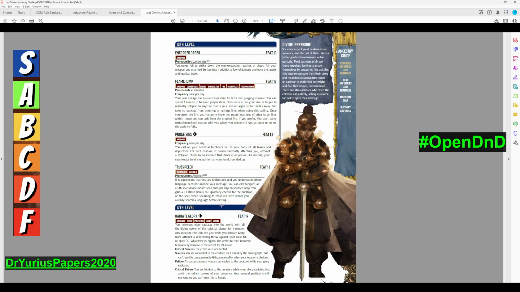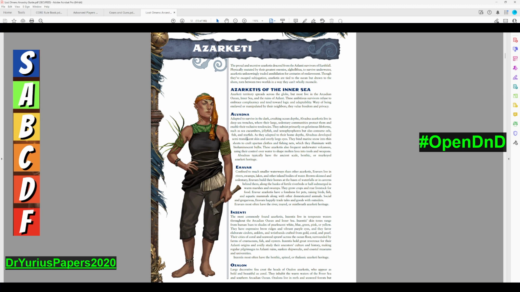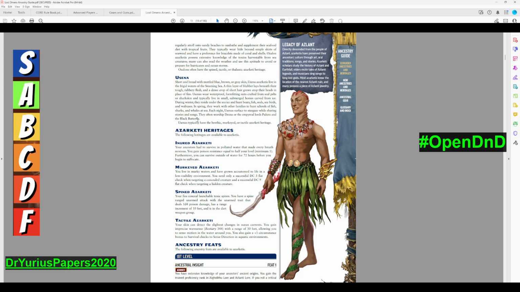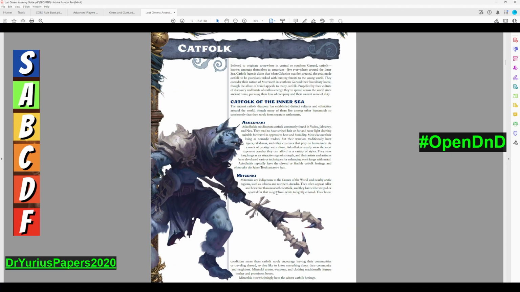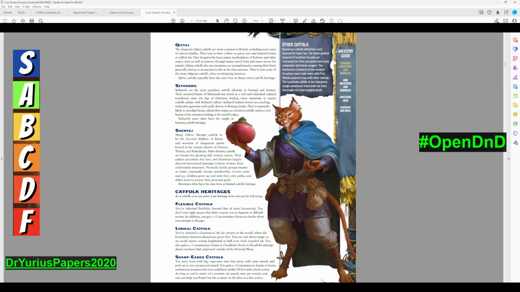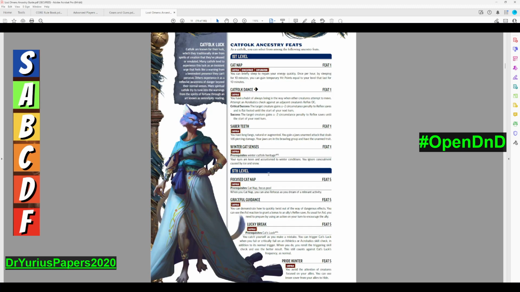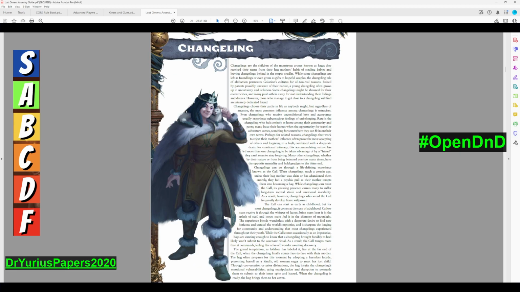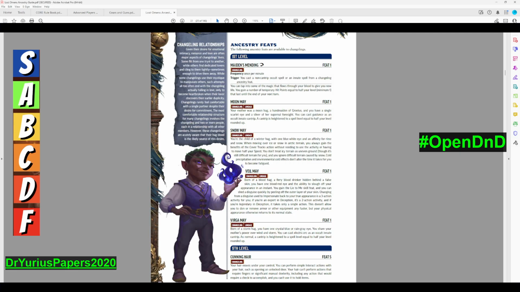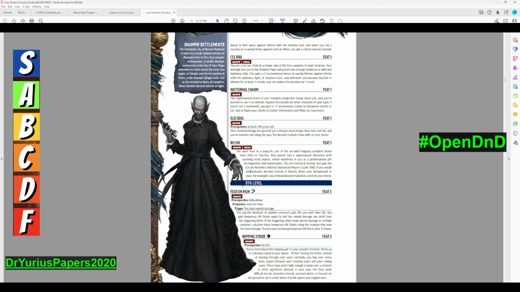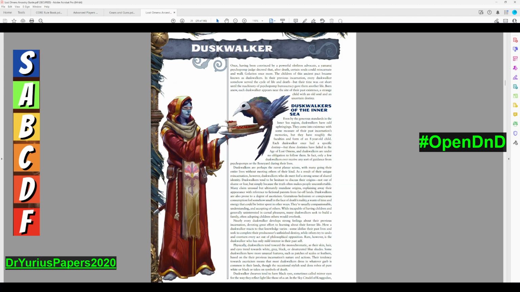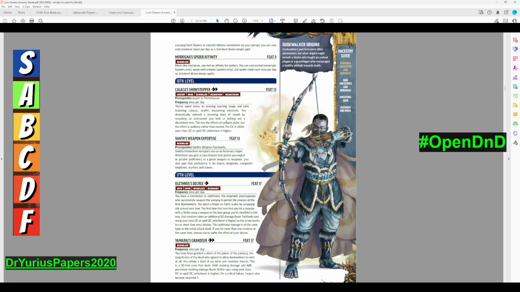These are versatile. This is an ancestry that has heritages and then feats. Catfolk. And there's a couple of new types of catfolk heritages in here from the previous book, and some new feats. So these all fit Changeling. Some new stuff for them. New stuff for the Dhampirs, and new stuff for the Duskwalkers.